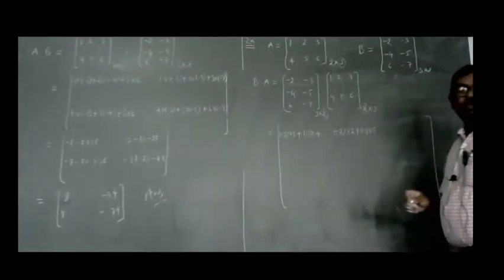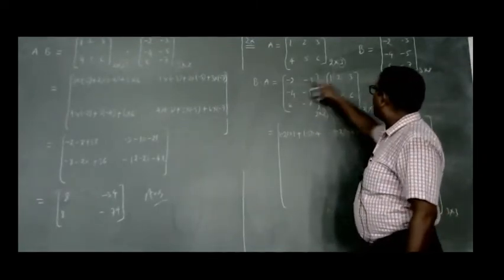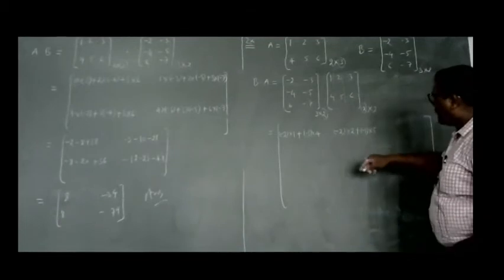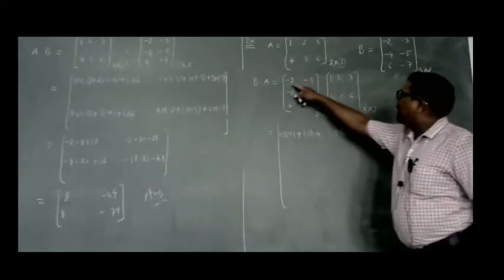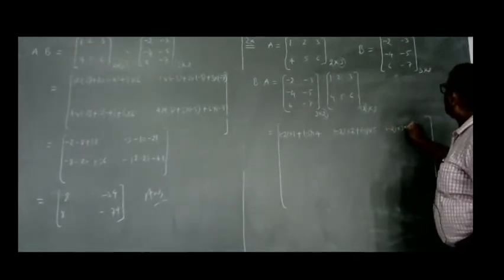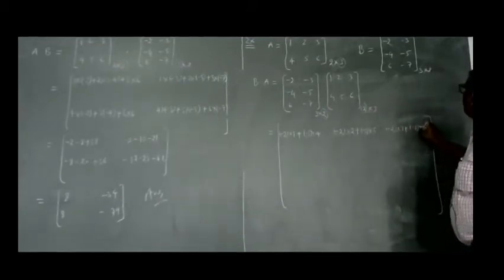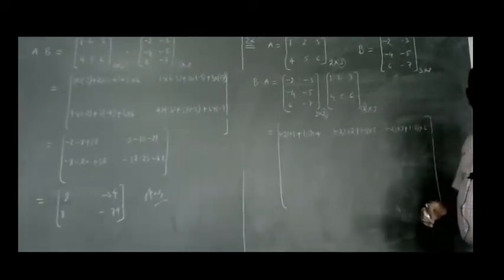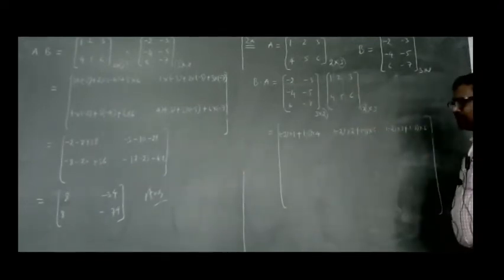You will get the first row and second column element. We multiply the first row by the third column. You will get the first row and third column element of the product: minus 2 into 3 plus minus 3 into 6. This completes the multiplication of the first row with all the columns of the second matrix.